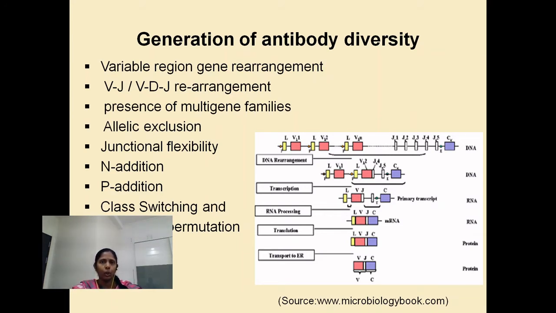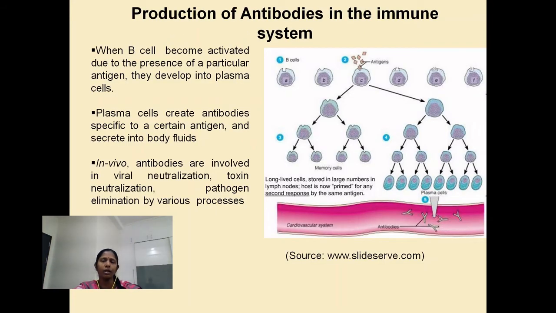Several such clones of B cells are produced in the bone marrow, and then they are released into the circulatory system of the vertebrate host. Such mature naive B cells then keep circulating in the body of the host or stored in the secondary lymphoid organs, that is the spleen, lymph nodes, or the lymphatic tissues.